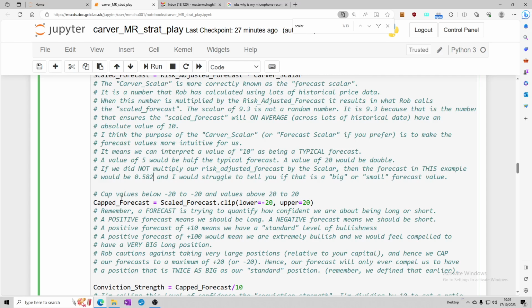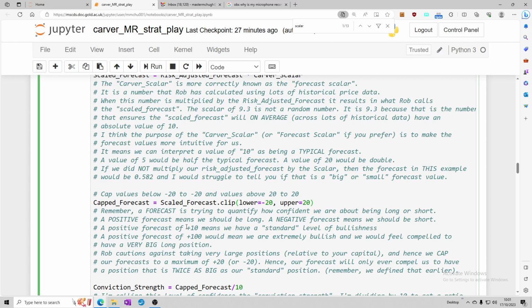Moving on, we generate the capped forecast, which is simply the scaled forecast, but clipped, so it cannot be lower than -20, it cannot be greater than 20. Remember, a forecast is trying to quantify how confident we are about being long or short. A positive forecast means we should be long, a negative forecast means we should be short.